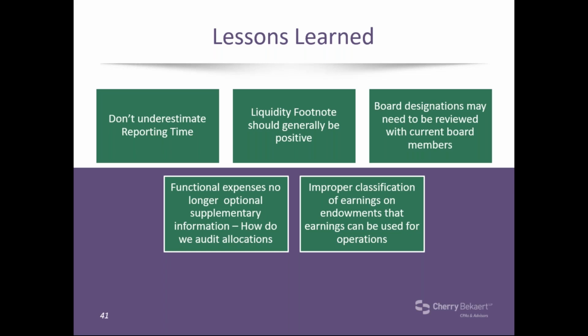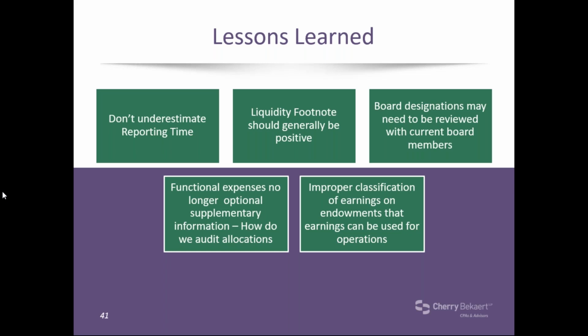On the board designation side, we encourage everyone to make sure they're having conversations with their board about board designations. In some of our early adopters, we've seen situations where the board has decided to make changes to those designations. It was also a good opportunity for management to present what the board designations have been in the past and what the composition is and how those designated balances are being computed, to allow your board to make any adjustments that they may feel are needed.